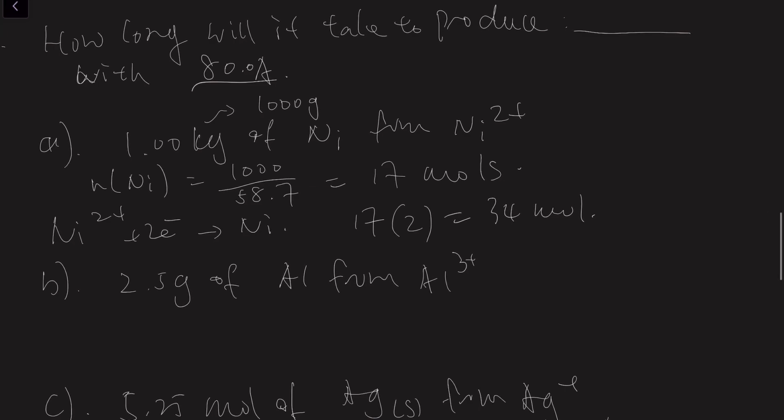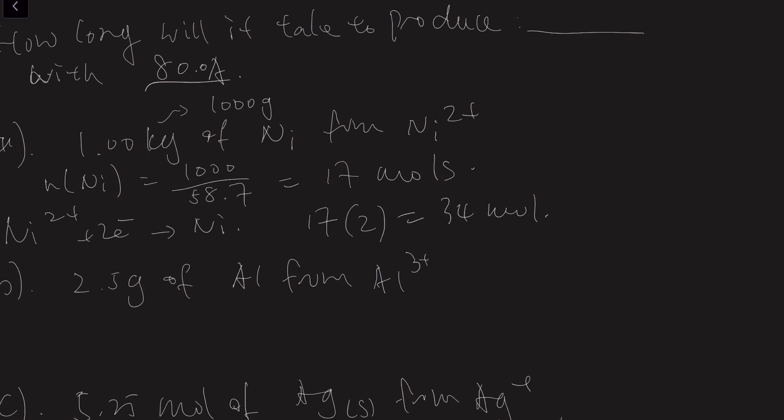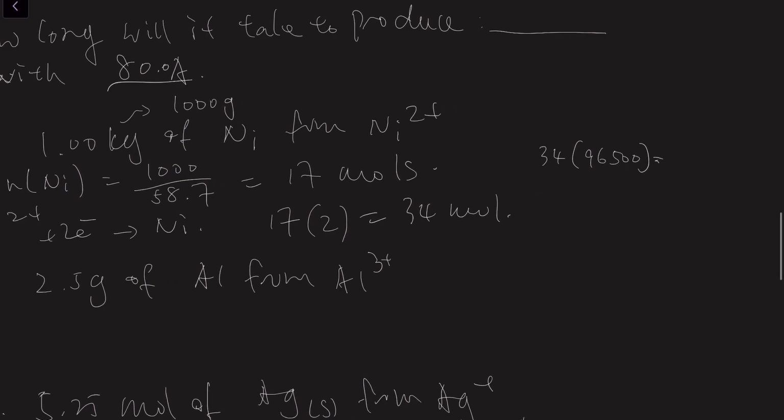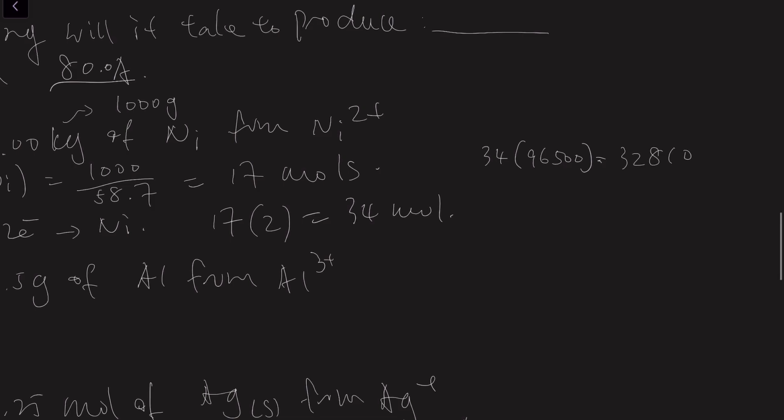And how much charge would 34 moles of electrons give you? 1 mole of electrons, remember, gives you 96,500 coulombs of charge. So 34 moles gives you 34 times 96,500 coulombs of charge, which is a lot of charge.